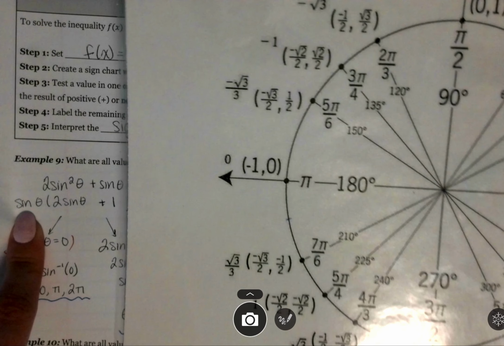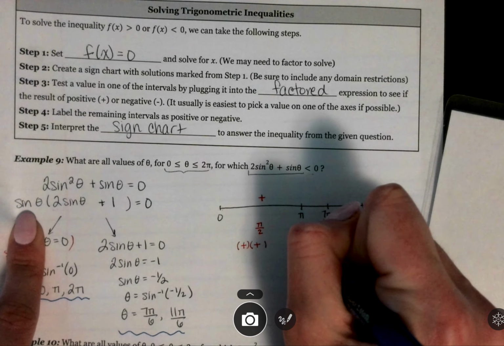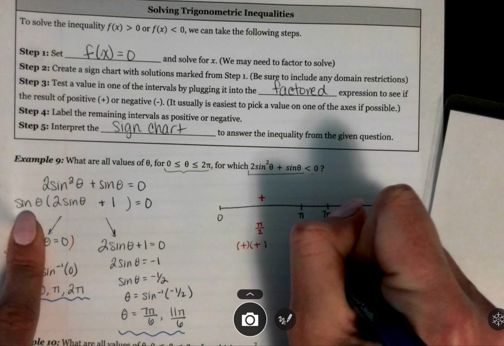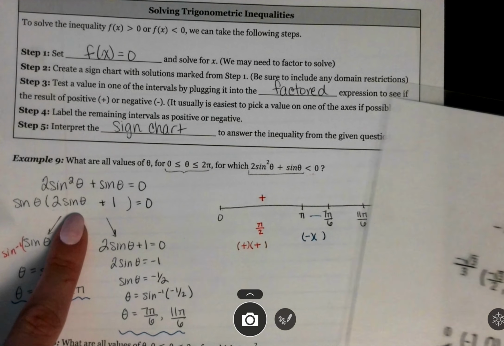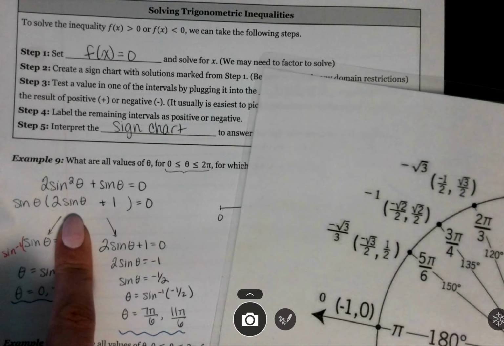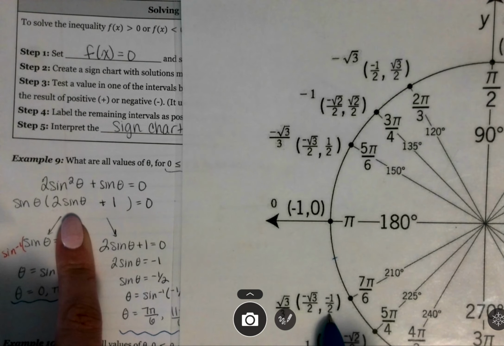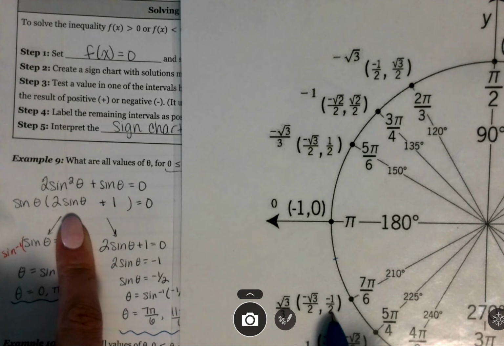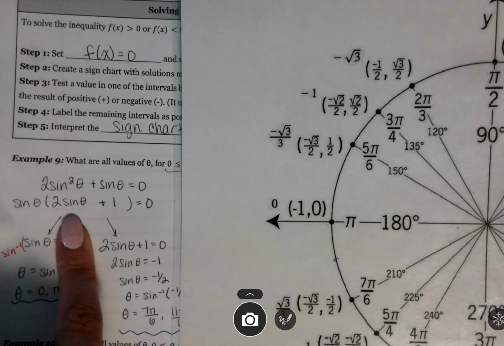So back in my notes, I know that in this interval, I have my first set of parentheses, which is negative, because now I'm looking in between here. For my second set of parentheses, if the y value of 7 pi over 6 is -1/2, I would say an angle in here would have a sine value of -1/4. We're just estimating.